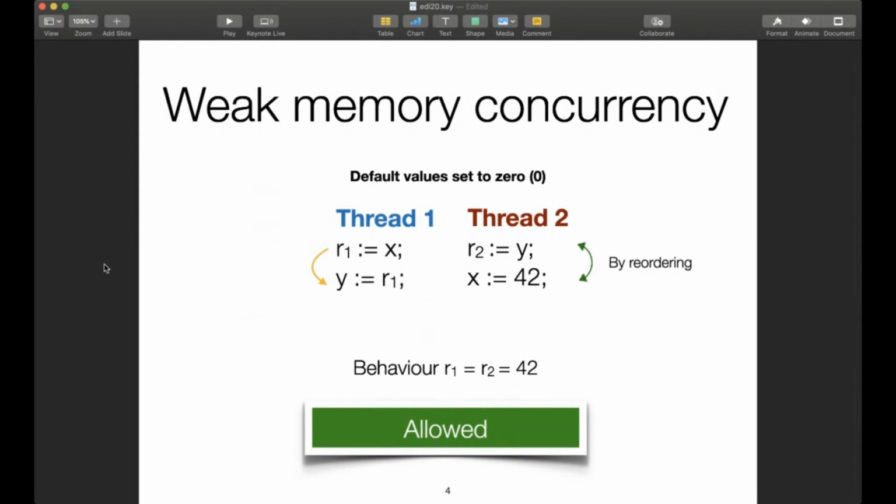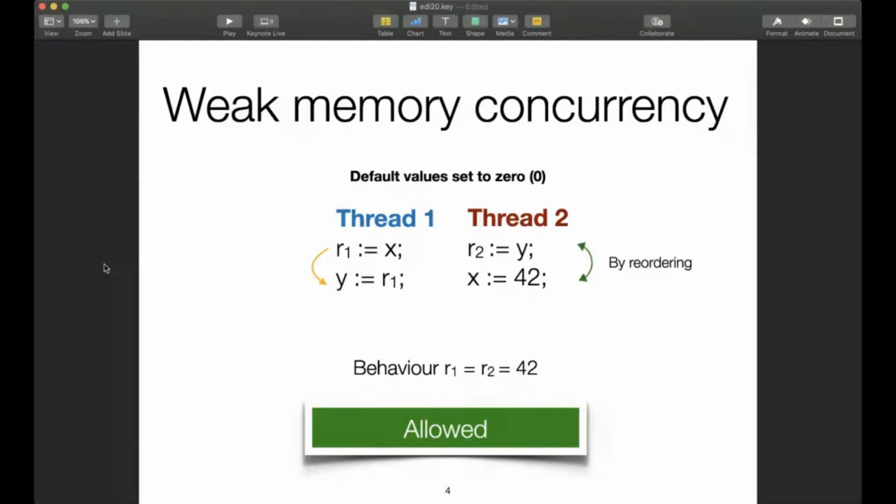And if we're allowed to, for instance, reorder the load of y and the store of x on thread 2, then the behavior reading R1 and R2 as 42 is suddenly allowed. And the question is, why would we want to do that? The answer is that some processor architectures that we'll compile our C and C++-like languages down to will permit this kind of behavior, where there's a reordering on one thread leading to a non-sequentially consistent outcome for this test.